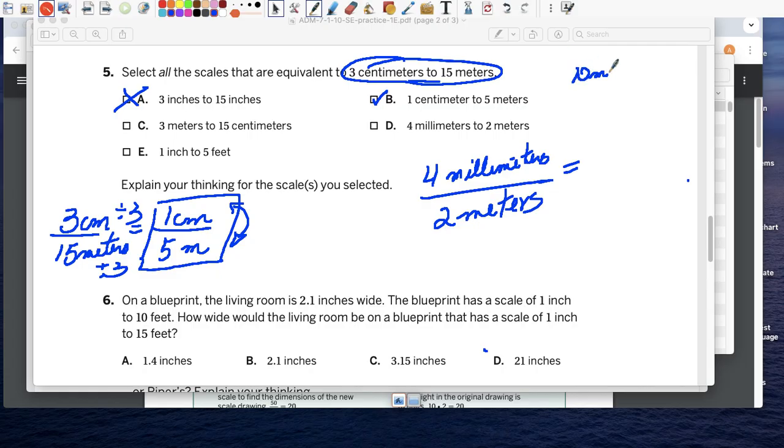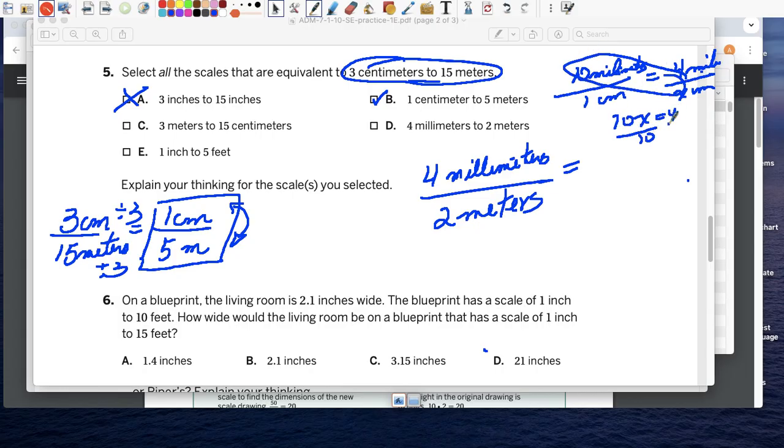10 millimeters equals 1 centimeter. On the other side, we write millimeters: we have 4 millimeters and x centimeters, because that's what I'm trying to find out. If I cross multiply, I get 10x equals 4.